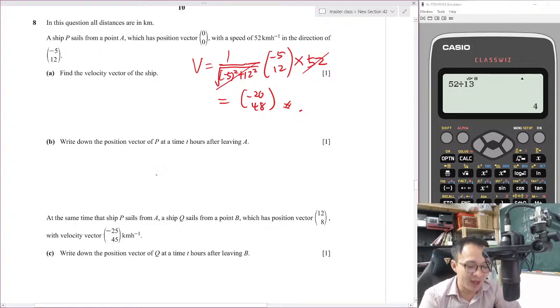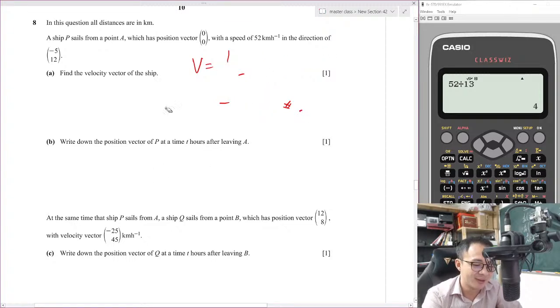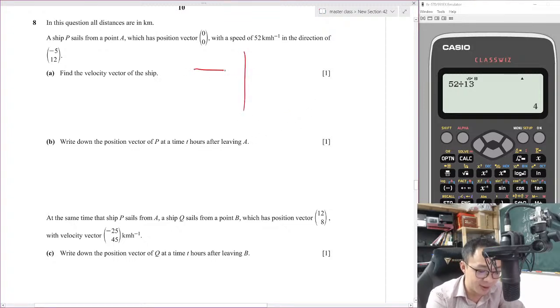But if you're trying to understand something, then I will teach you another method. The direction tells you this is the origin, right? So from the origin, the ship is basically going -5 in this direction, and 12 going up, 12 units.